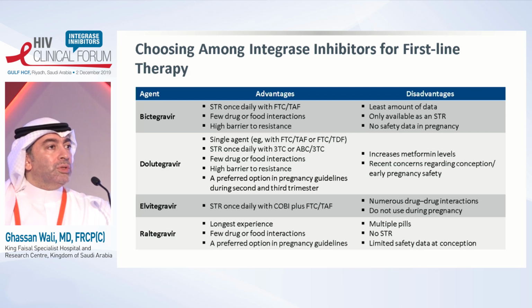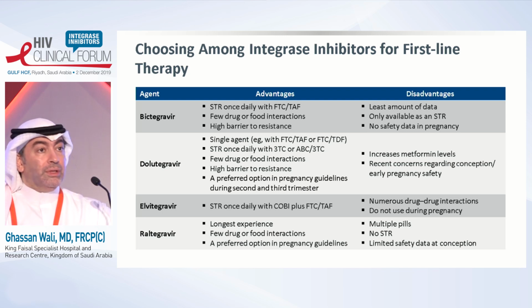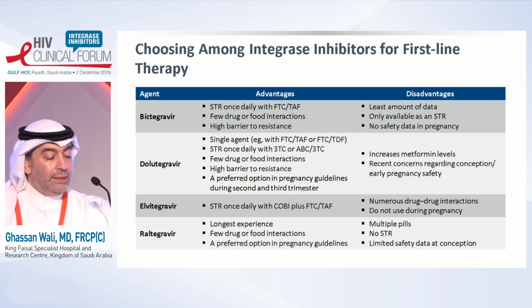However, it has a long track record. It's been in practice since 2007. It is our go-to drug when it comes to pregnancy, so that gives it an edge over the other integrases. And the other options that we have in our clinic or our center are both dolutegravir and elvitegravir.